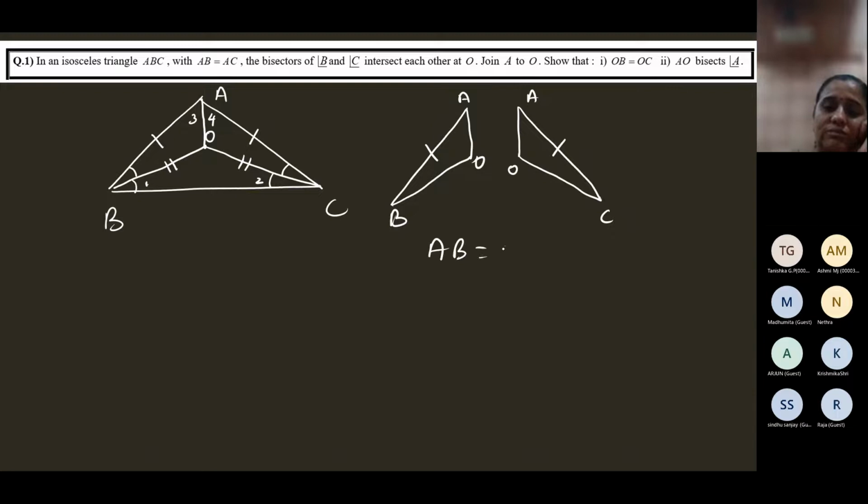AB is equal to AC. Then this angle is equal to this angle, because half of angle B is equal to half of angle C. So this angle is equal to this angle.